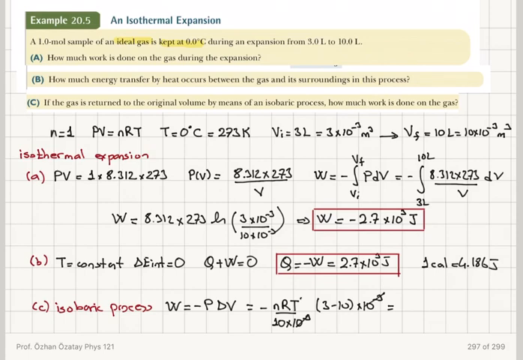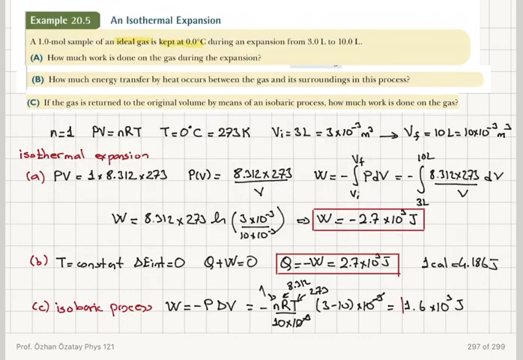for the temperature I substitute 273. For R I have 8.312. n is equal to 1. So the answer will be plus 1.6 times 10 to the 3 joules.